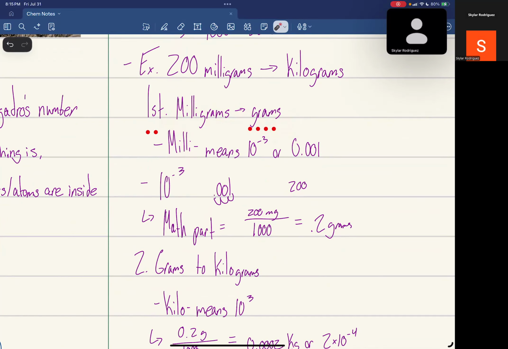We know that a milligram is 10 to the negative 3 power of a gram, or 0.001 of a gram. If you don't know how we got the value, when you see 10 to the negative 3, move the decimal place of the number 3 times to the left.